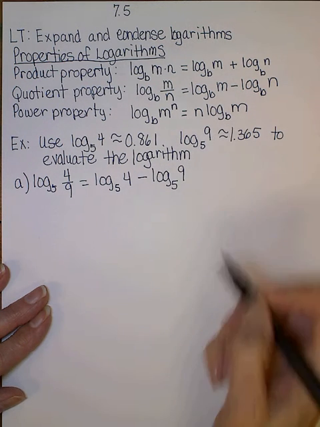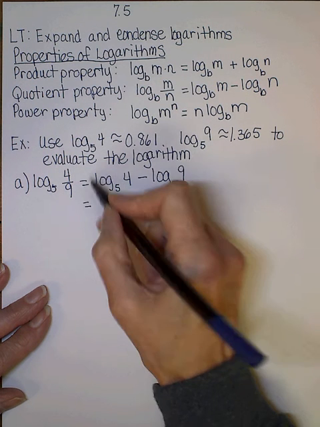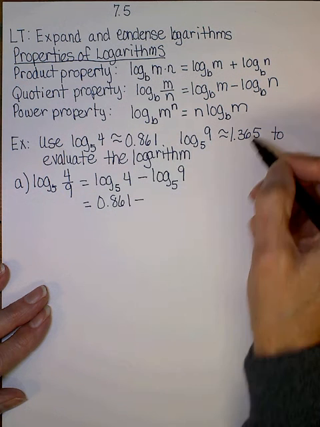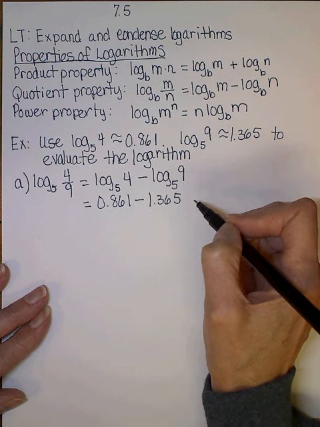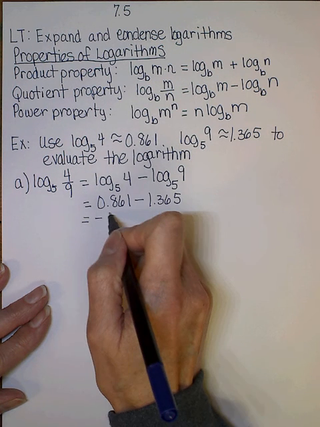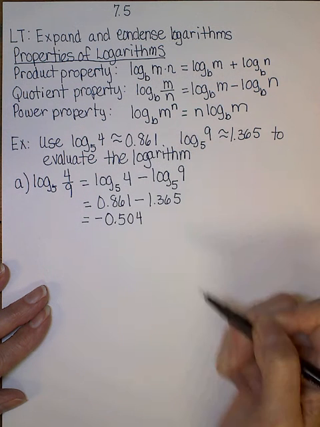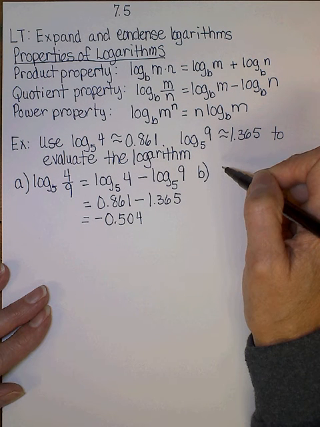And then we're just going to use these two numbers, since we know this equals 0.861 and this equals 1.365. We just substitute those in and we subtract them to get our final answer, negative 0.504. Alright, that one's pretty straightforward.